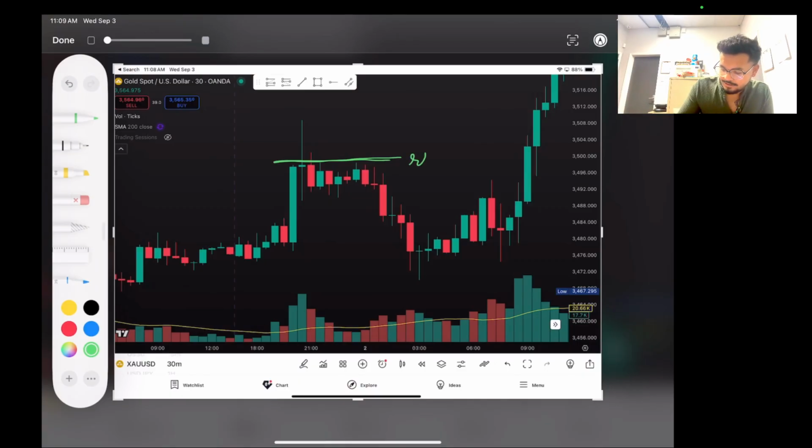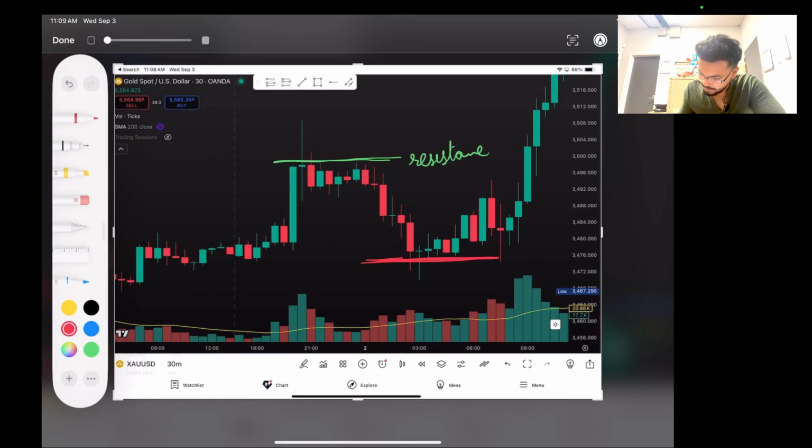So this right here will be our resistance. Anytime price has a hard time pushing above a certain level, that can be called resistance. And now this is a 30-minute time frame. So a 30-minute time frame is a much stronger confirmation compared to 5 minutes, 15 minutes. And then, oh, I can't scroll further. Okay, let's take red.